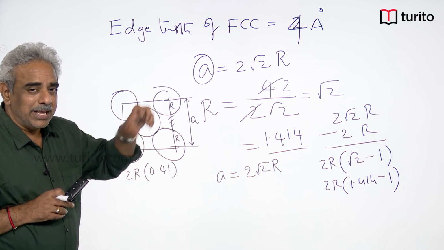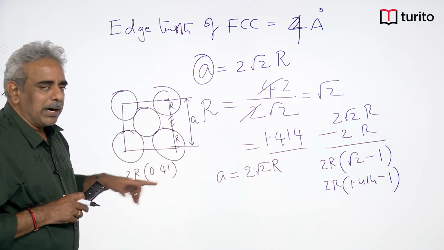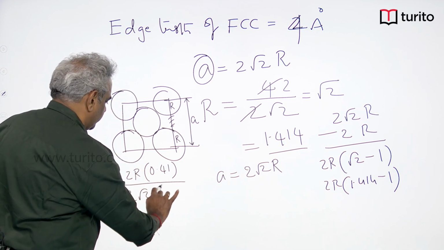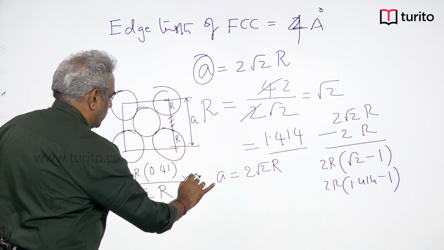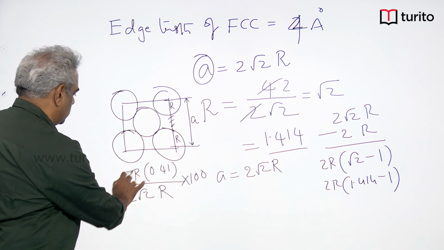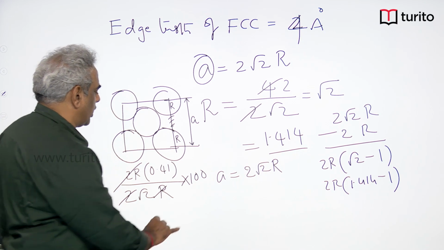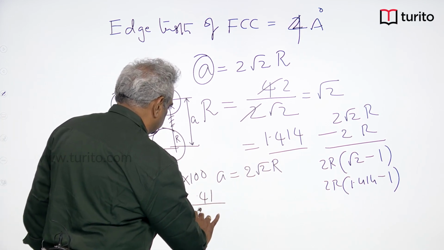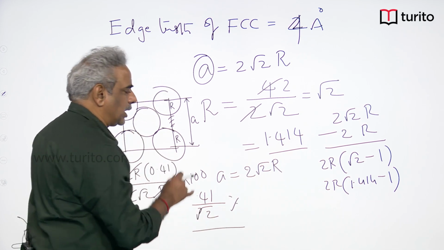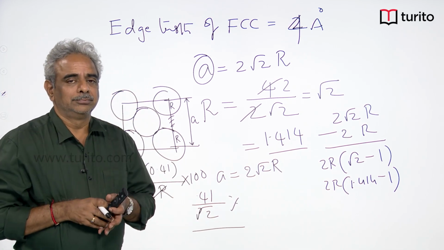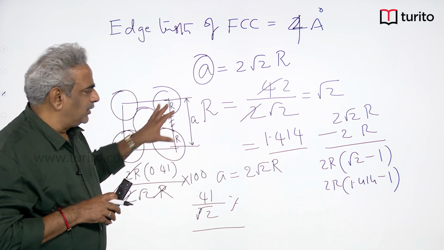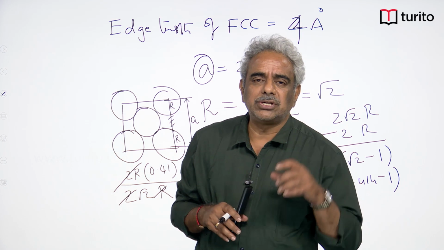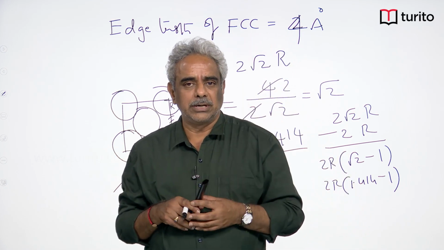So, unoccupied length divided by total length into 100, the 2 cancels, and that gives 0.41 by root 2, or you can say 41 by root 2 percent is unoccupied. As simple as this. See how many nice logical questions we can work out based on simple cubic parameters.